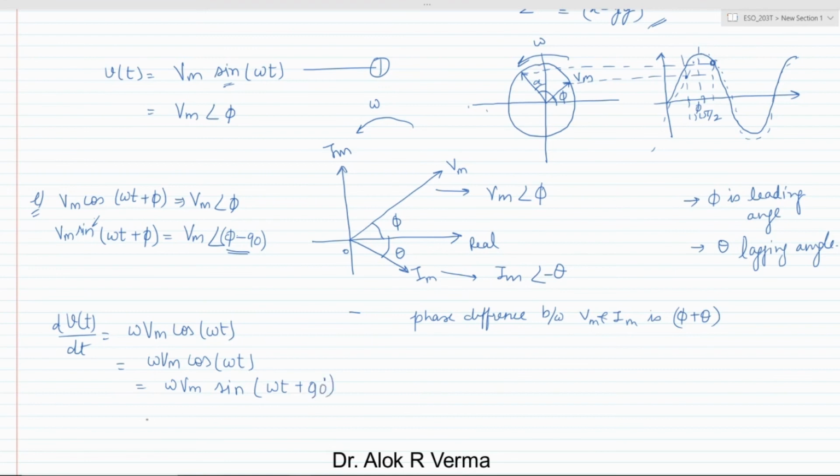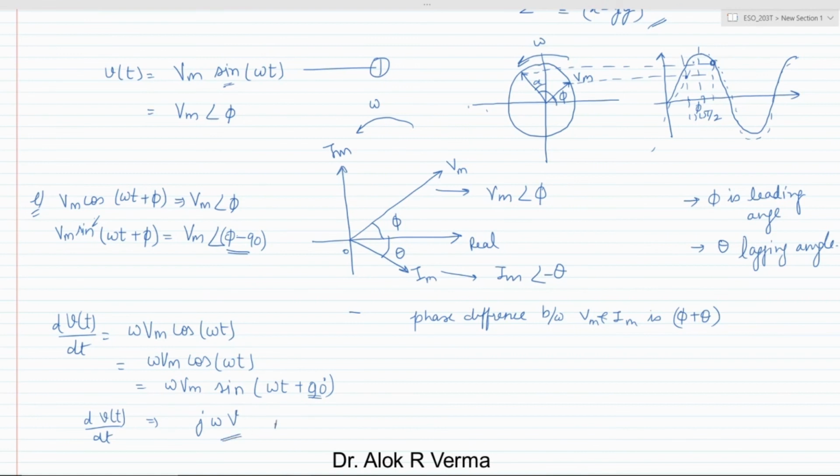So in this particular case, we can write this d v of t by dt. This phi is nothing but the e to the j phi, correct? So this will become the real part of j times omega V(t).